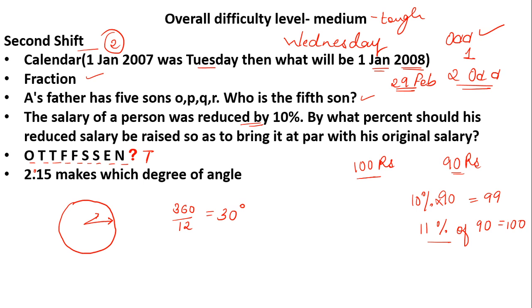Okay, so for now they are asking for when it is at 215, what is the angle, how much degrees it is making. So आपको पता है आपकी जो हैंड नीडल है 2 से 215 में जाने पे it will shift.